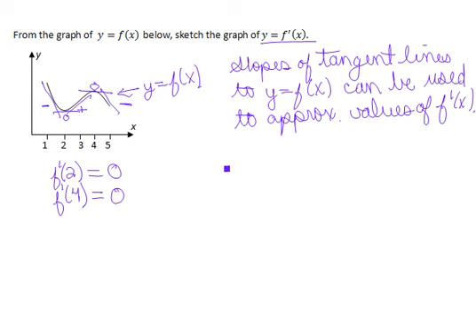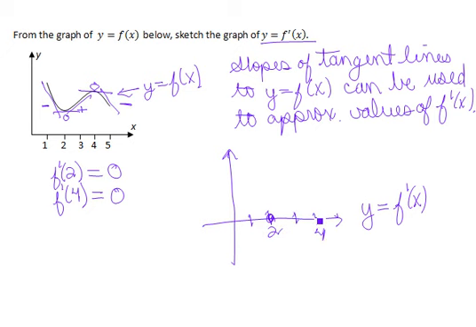So let's see if we can put this together to get a hopefully decent sketch of the graph of y equals the derivative of f. Certainly let's put our intercepts in. Let's put our zeros in. We know that the derivative is 0 at 2 and again at 4, because the original graph had horizontal tangents there.